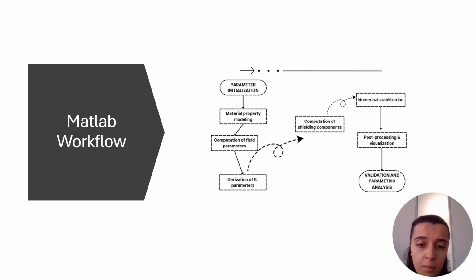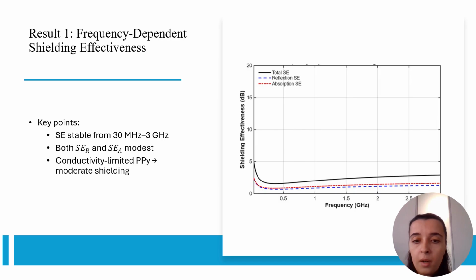So firstly, the parameters are initialized. We have assigned material properties and modeled them. We have specified field parameters, formulas for the derivation of S parameters, and then of course computation of shielding components, numeric stabilization, post-processing and visualization, and the validation of the parameters.